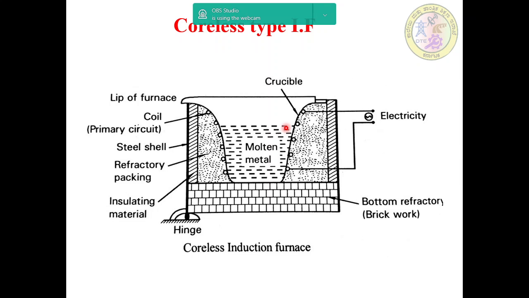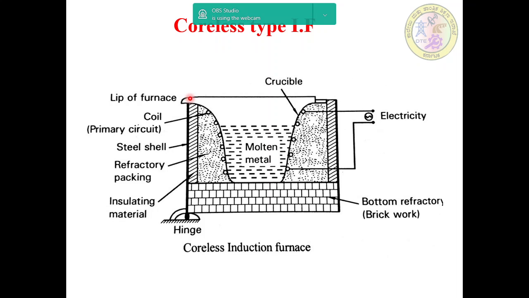The furnace consists of an outer cylindrical steel shell, which is hinged at the bottom front side to facilitate tilting of the furnace while pouring the molten metal.